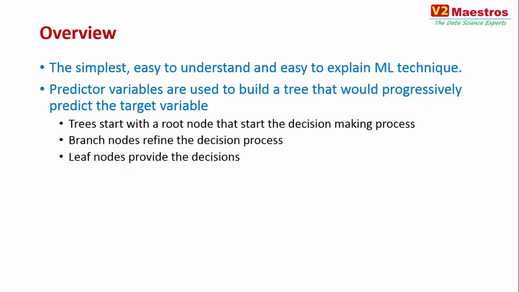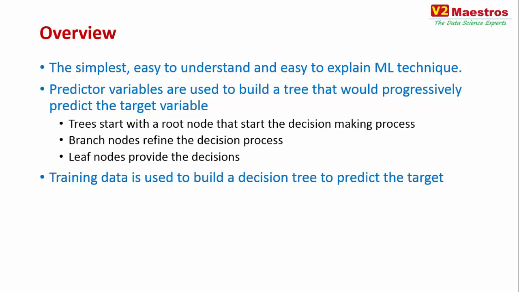When you build this tree, the trees typically start at a root node, and then progressively there are branches that keep coming in. At each branch you keep asking a question or doing some logical comparison, and based on that making decisions and moving along. And then finally there are the leaf nodes which actually present you the decisions.